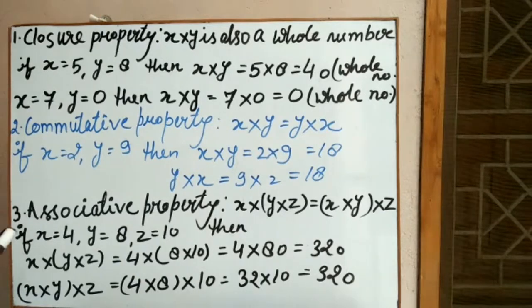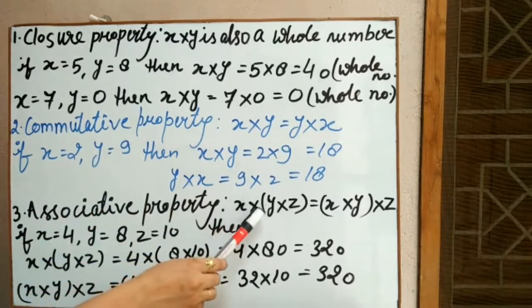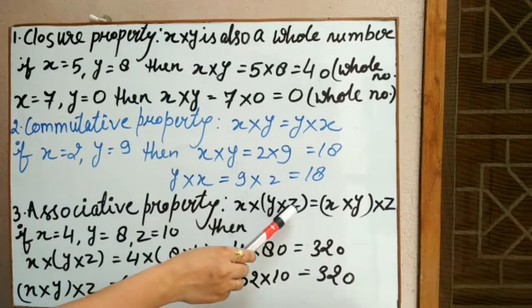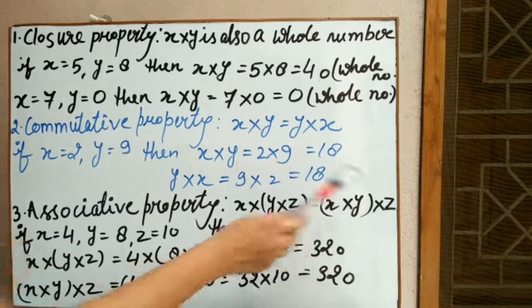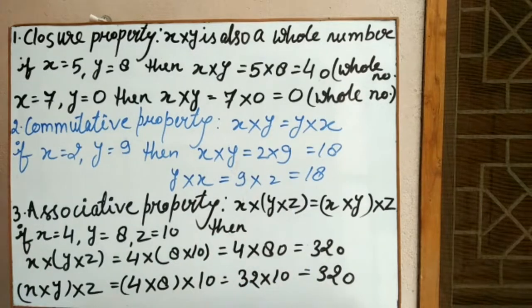The third is associative property. If x, y and z are three whole numbers, then x into (y into z) is equal to (x into y) into z. Let's see an example. If x is equal to 4, y is equal to 8 and z is equal to 10, then x into (y into z).